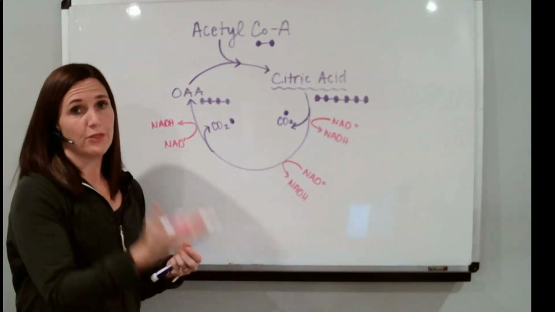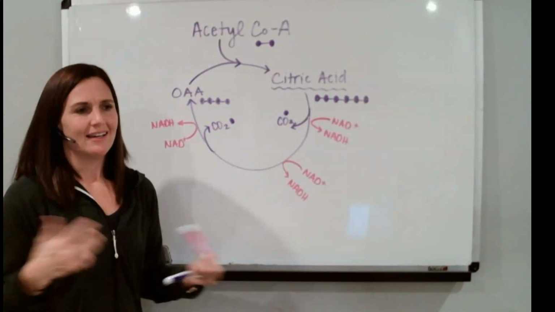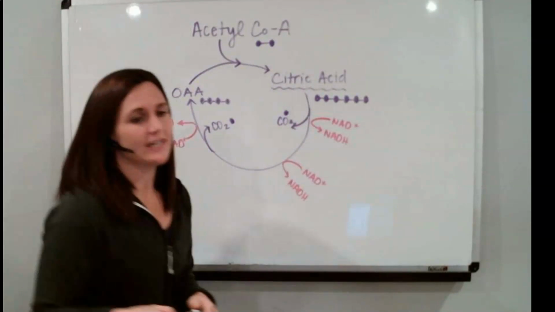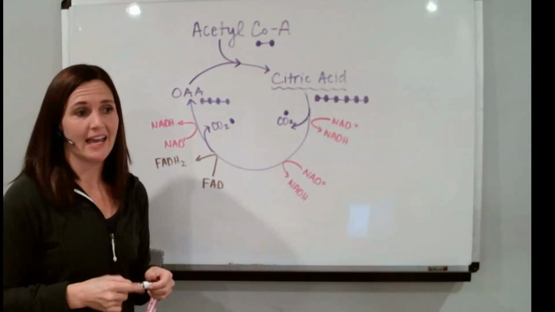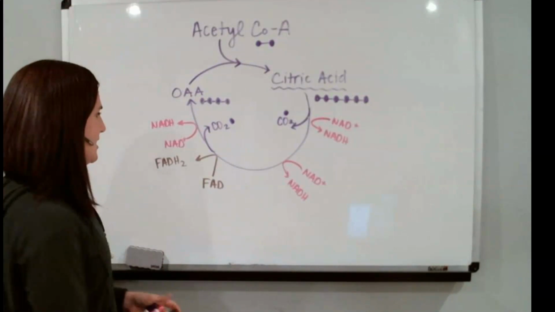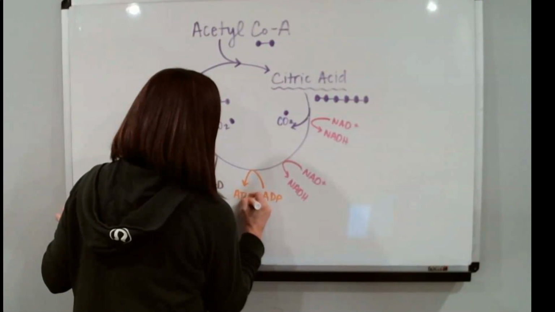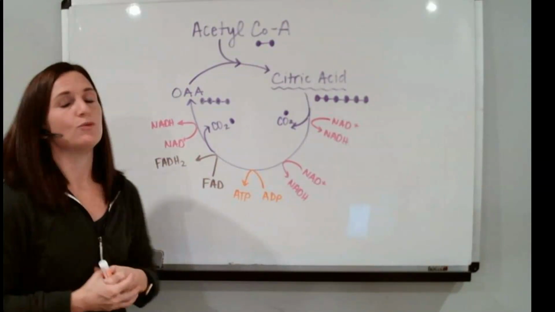So we get 3 NADHs produced from this. And in what feels like just a confusing turn, we also fill a different electron carrier called FAD, becomes FADH2. And the very last thing we do is 1 ADP, 1 ATP.